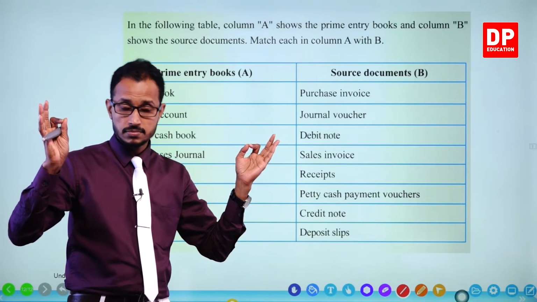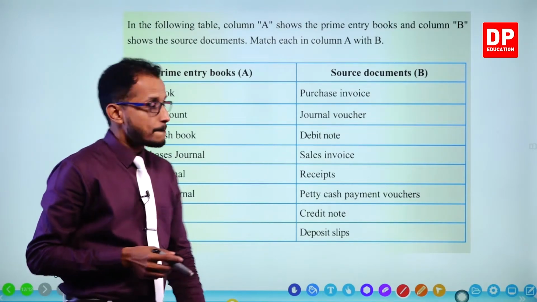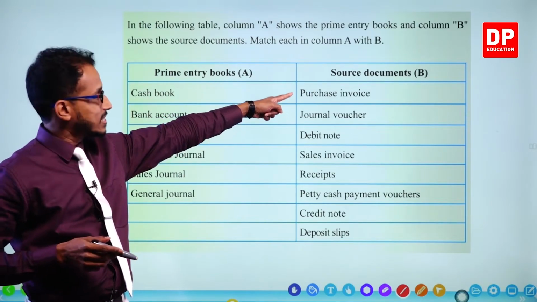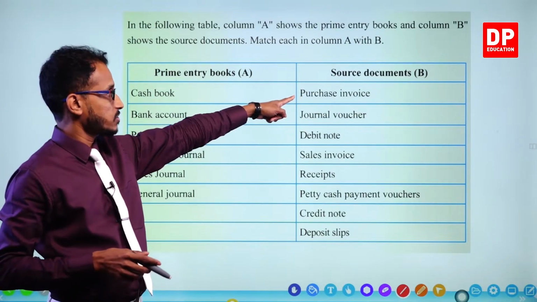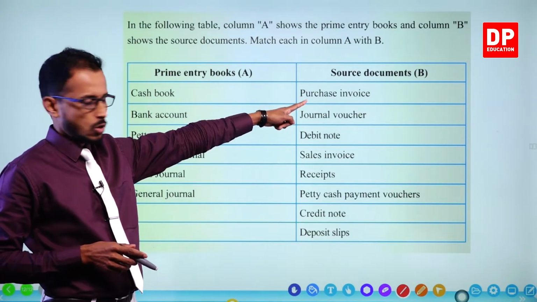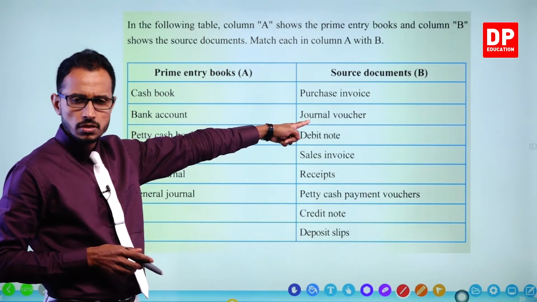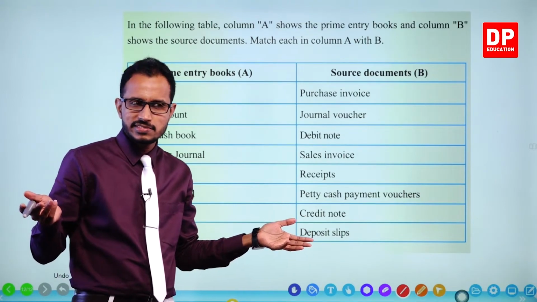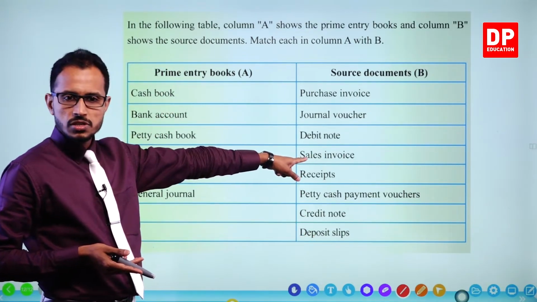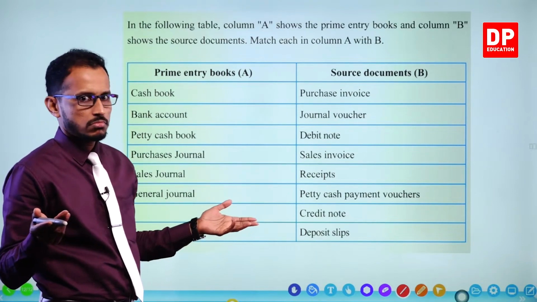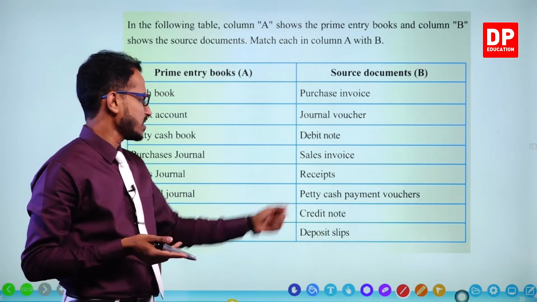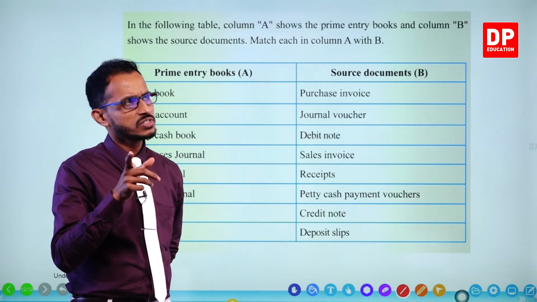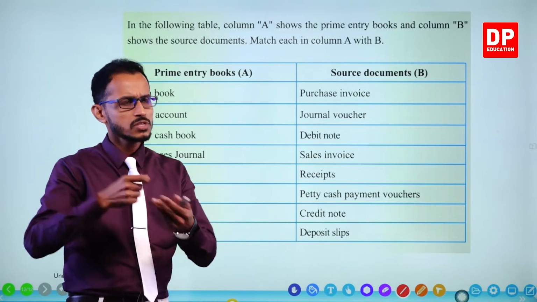Tell me, for the cash book, which one is the relevant source document? Purchase invoice? No. Journal voucher? No. Debit note? No. Sales invoice? No. Receipts? Cash receivings. When we receive cash from our customers, we write a receipt.